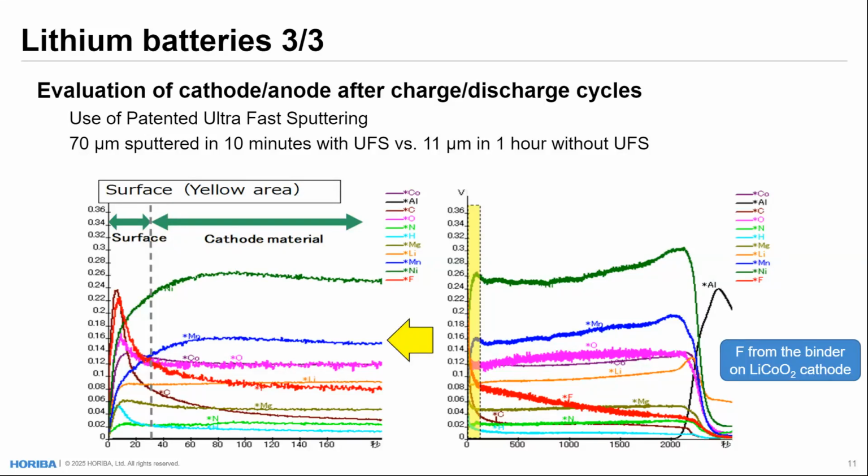So as you can see, again, at the surface, we have some spike of fluorine, and this fluorine is migrating from the separator. So again, by glow discharge optical emission spectroscopy, we can identify the problem, and then we can find the source of problem.